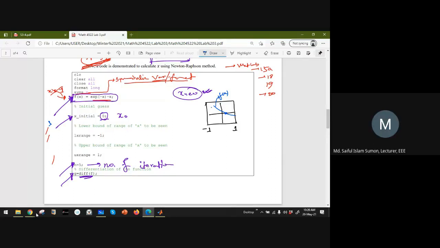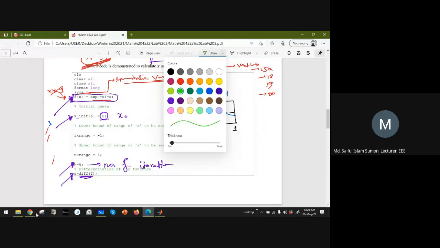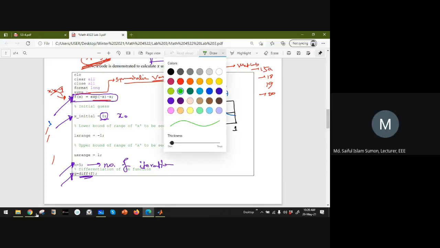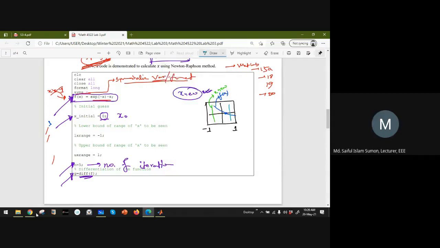What they are doing in this code, one unnecessary thing that will make you visualize in a better way. They are making one green line, which will represent x new, and another line that will be my x old or x previous. So x present and x previous, two lines will be there. In one step it will be shown, and in another step the same thing, but what will happen?